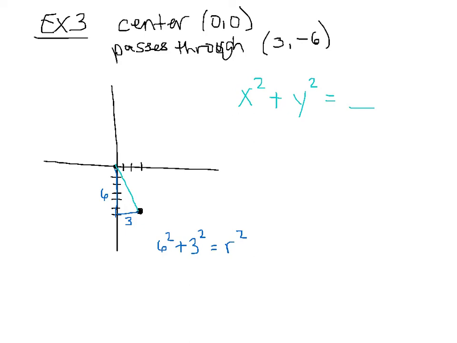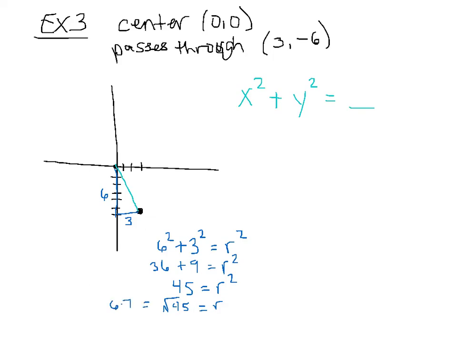So we have a, b, and c. 6² is 36. 3² is 9. That's equal to my radius squared. So my radius squared is equal to 45. Now, we need to finish graphing our circle, so we want to figure out what my radius is. So my radius is equal to the square root of 45, which is about 6.7.